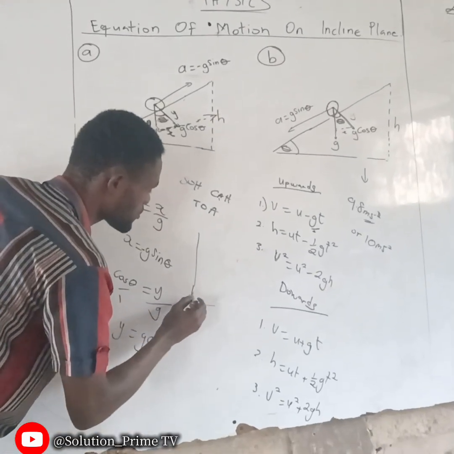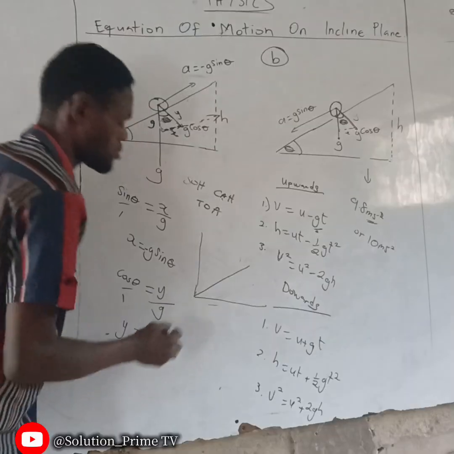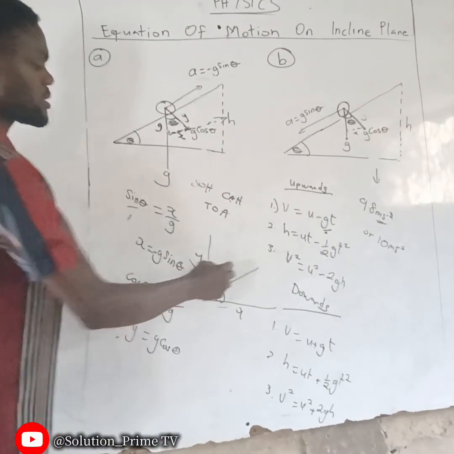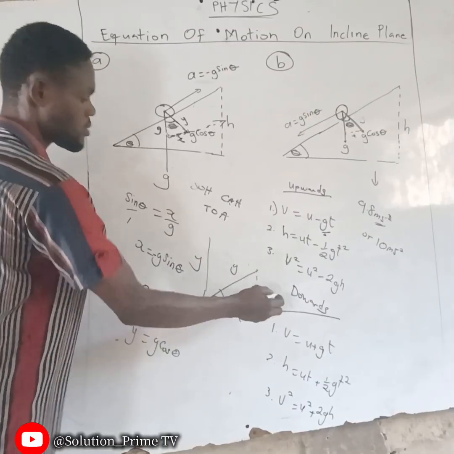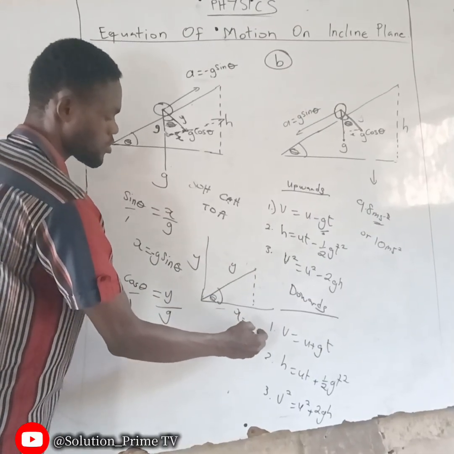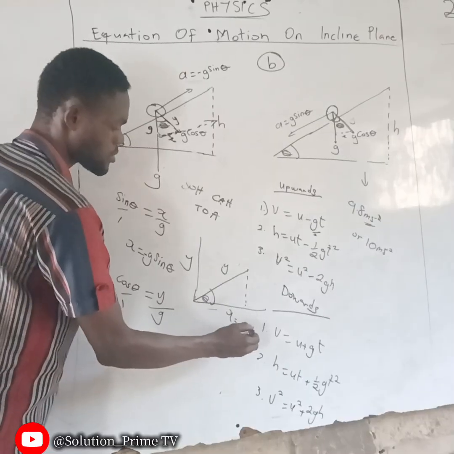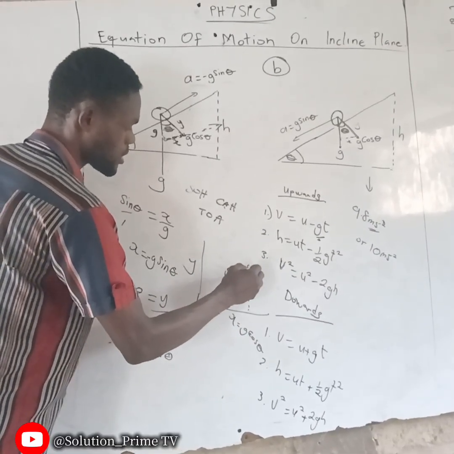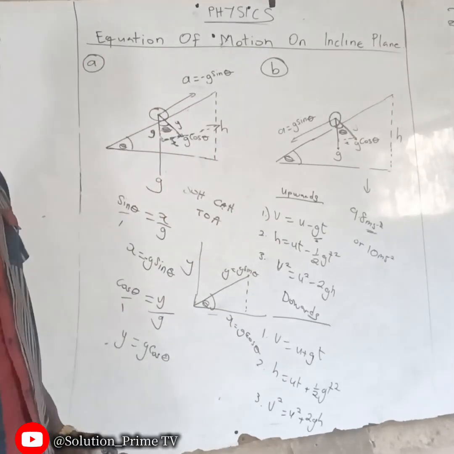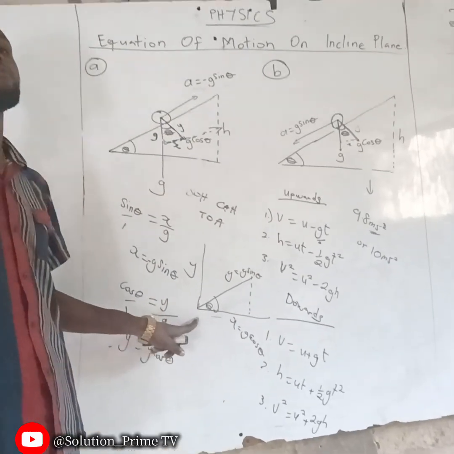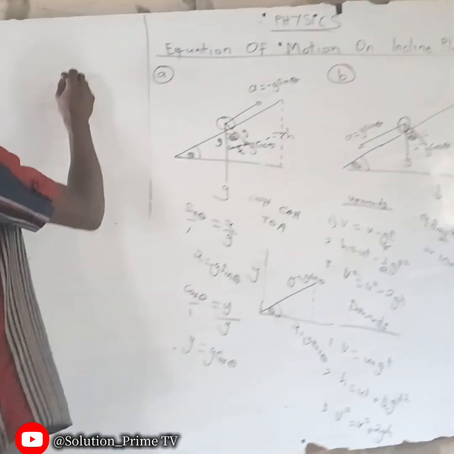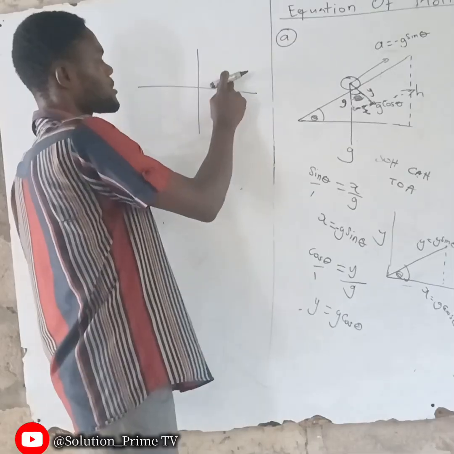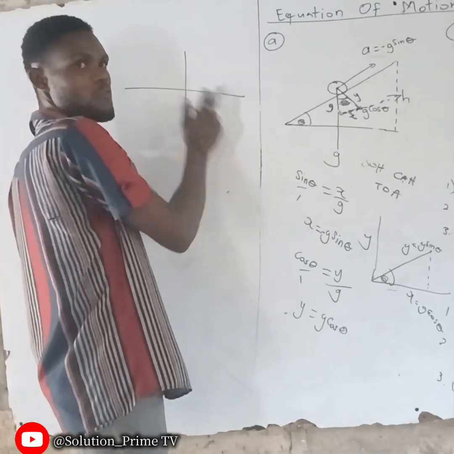I use this concept to teach you. This is X, this is Y, and this is the G. So also we are going to get G cos theta, and Y is equal to G sine theta. So always we are in the first quadrant. This is the first quadrant, second, third, and fourth quadrant.